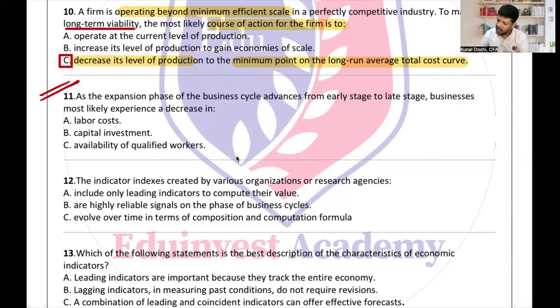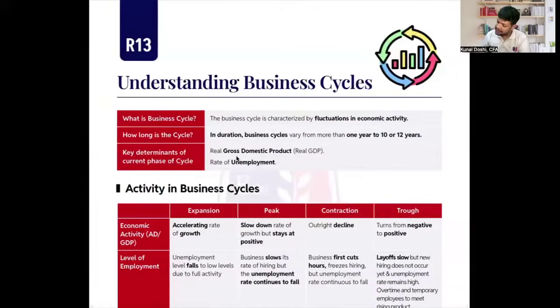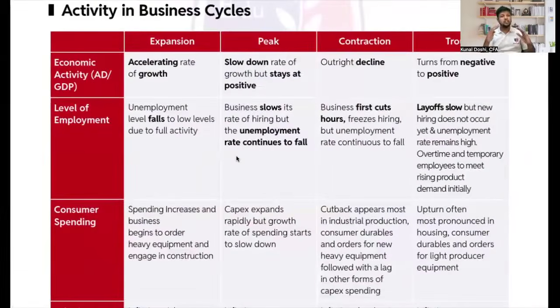Let's see that. As the expansion phase of the business cycle advances from early stage to late stage, see, there are four phases of business cycle: expansion, then peak, then contraction, and then the extreme bottom is called trough.